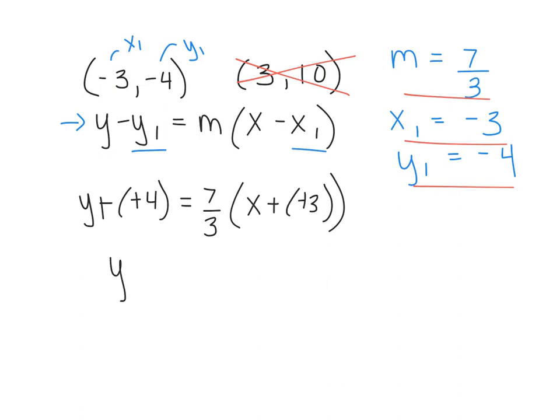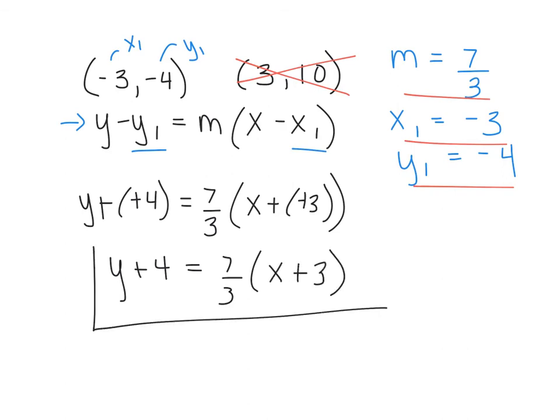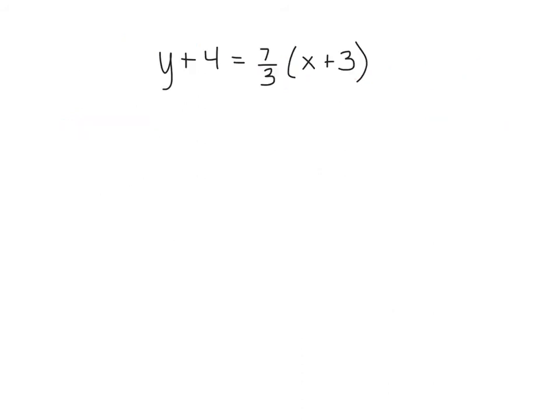And this becomes y plus 4 equals 7/3 times x plus 3. And this is your answer for the point-slope equation. So this is the first answer that you would type into MyMathLab.